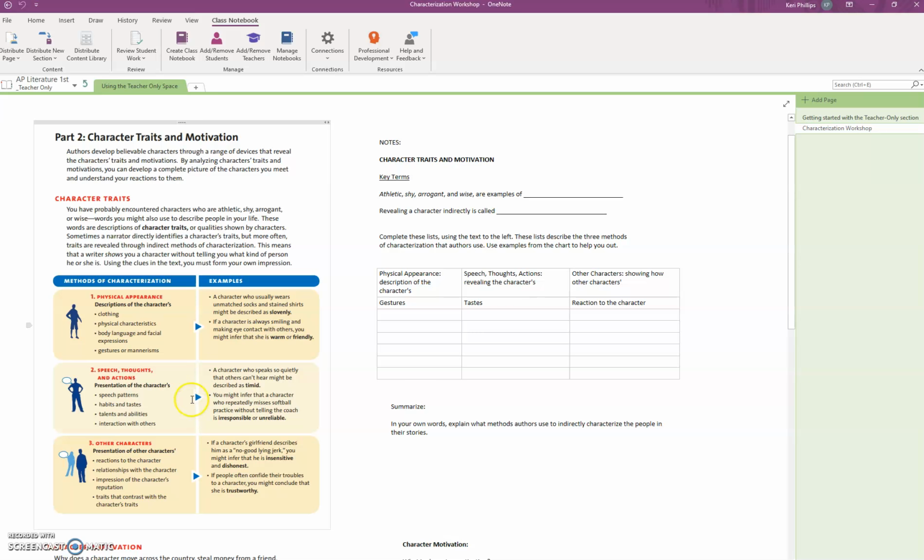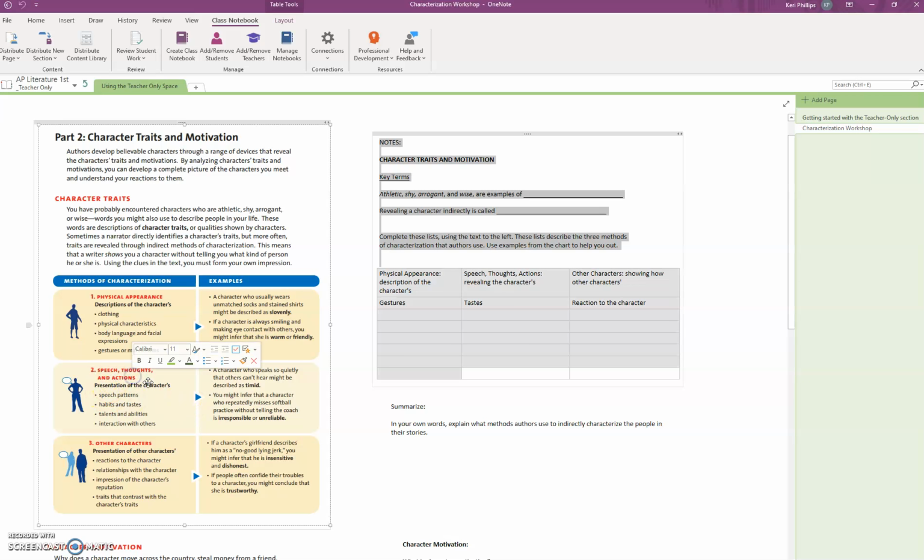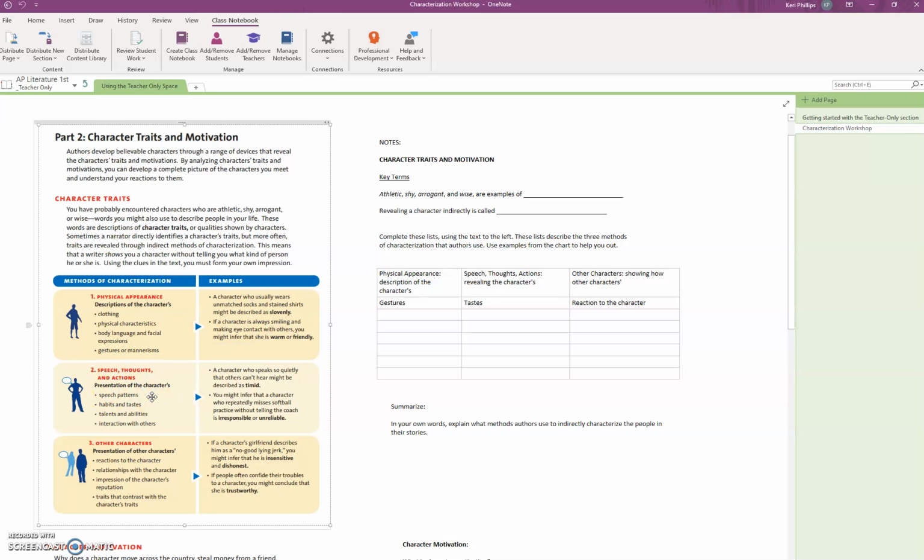And then actions. What does the character do? Do their actions match up to what they say? Are they irresponsible? What actions might show us that they're being irresponsible? Or maybe they're really religious and they have a strong faith.